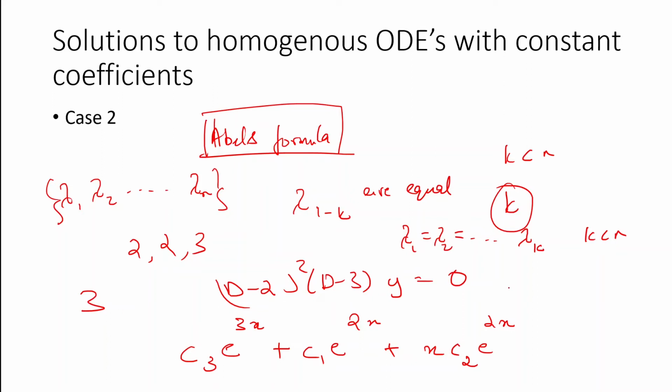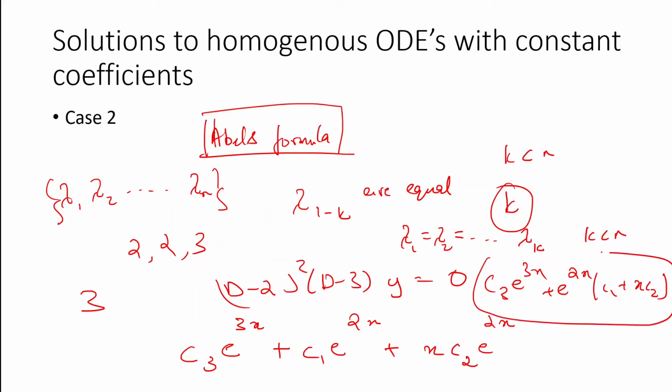So we rewrite it as c3 e power 3x plus e power 2x into (c1 plus x c2). This is the general solution to this equation which we wrote, this differential equation with constant coefficients.